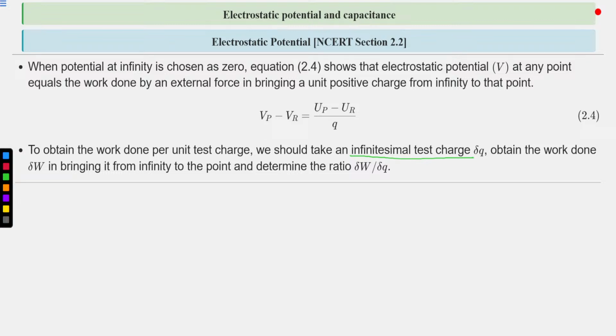A similar thing is explained in this line also with different notations. To find the potential difference, you have to find the work done to bring a charge from any point to another point and then divide it by the test charge.